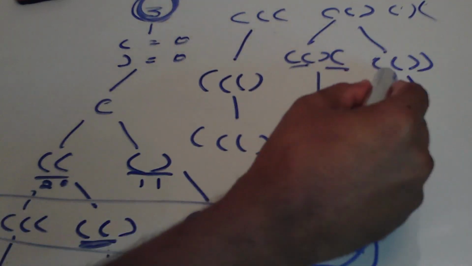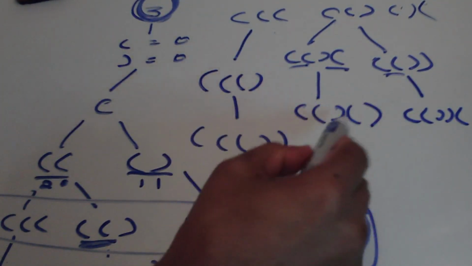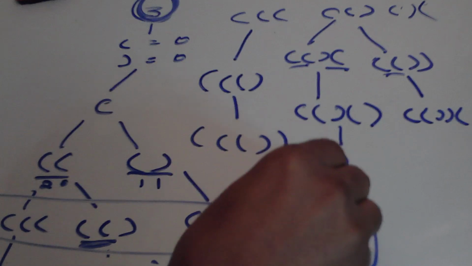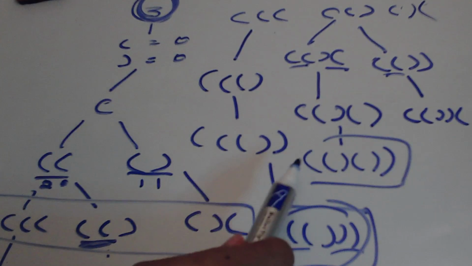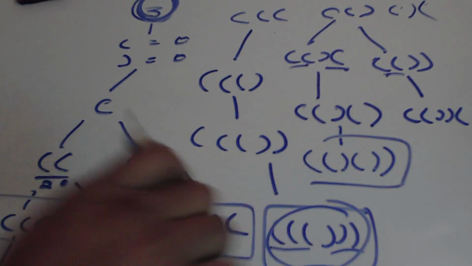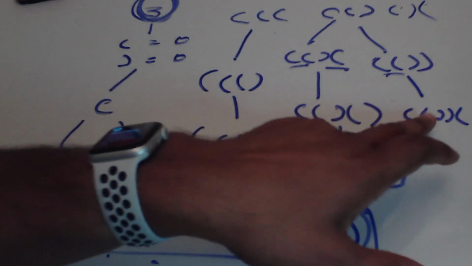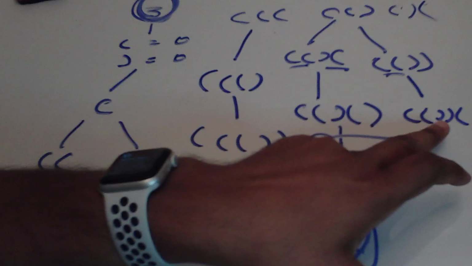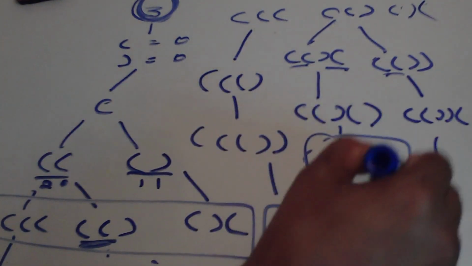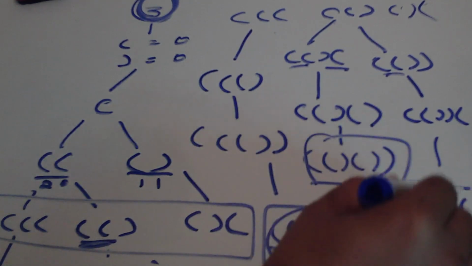Here the number of opening is only 2, so we can add one more. Going here, the only thing we can add is a closing one. This is a valid one because the number of opening and closing became 3, so we push it to our result. Same here: the number of opening became 3, so the only thing we can add is closing. This is a valid one, so we push it.